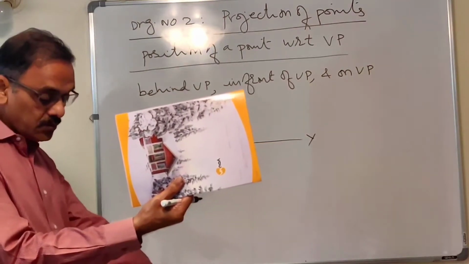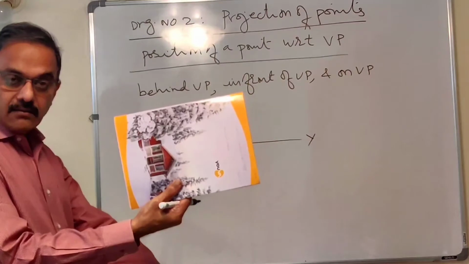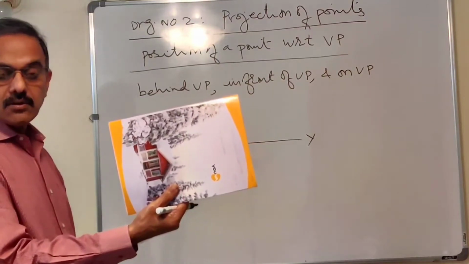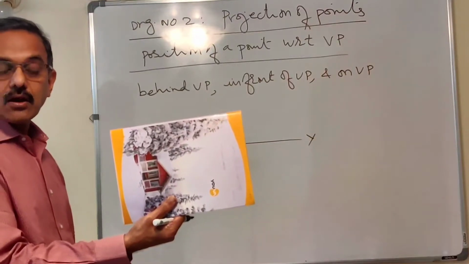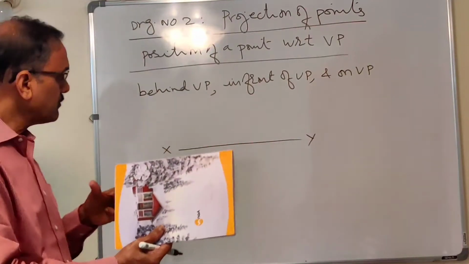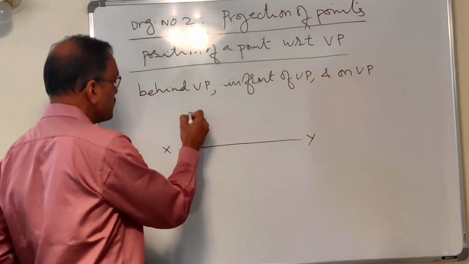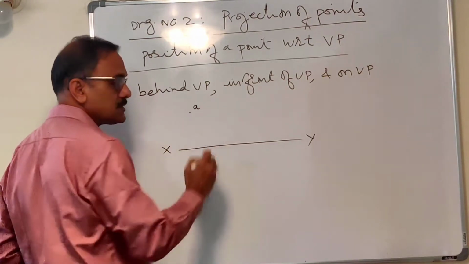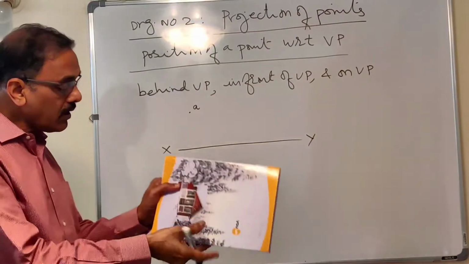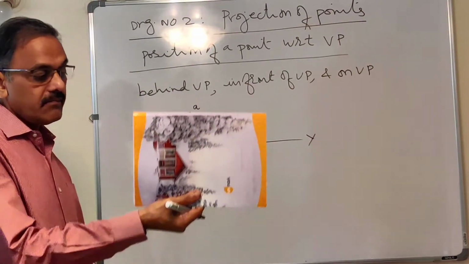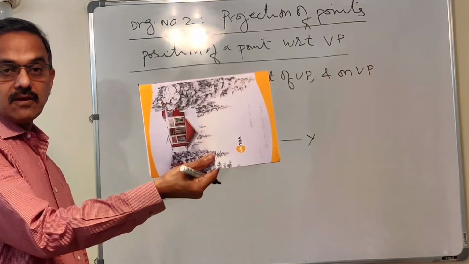So with reference to the XY line, the top view has gone above the XY line. So if I have something like this, let me call it A, small a. Small a represents the top view of the point. What I got now is the top view of the point only. This is your VP.